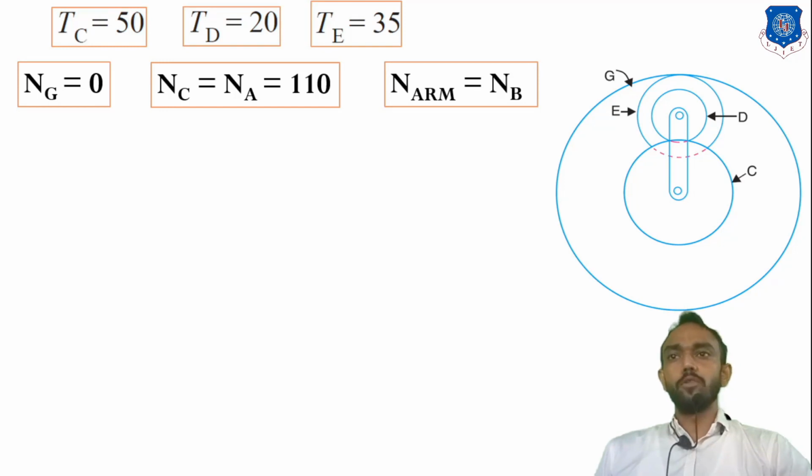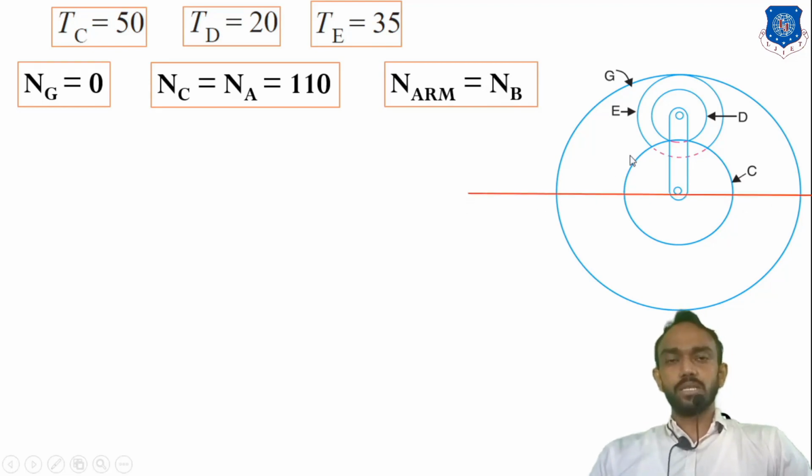So first of all we have to find the teeth of this outer gear G. First we divide this gear system in half, and find the relation between the radii.